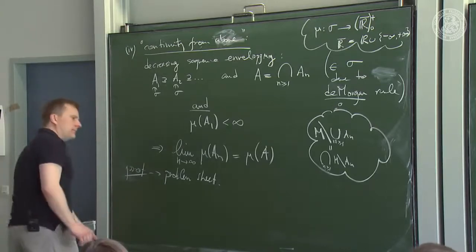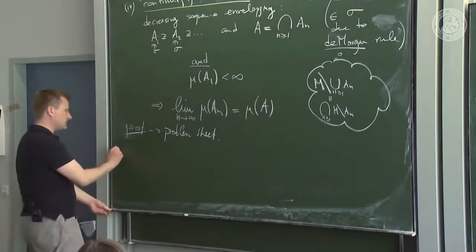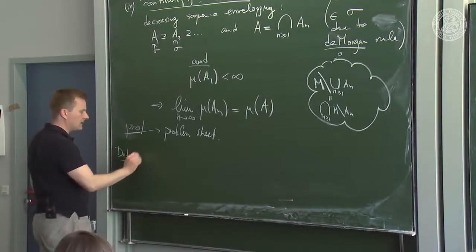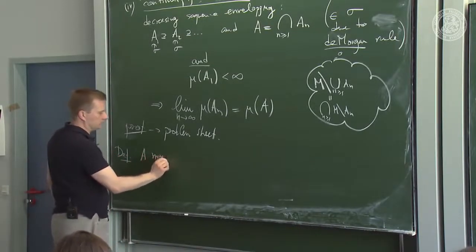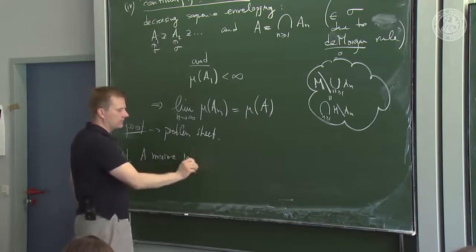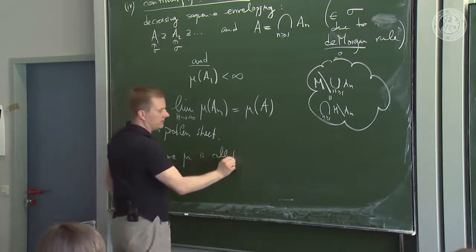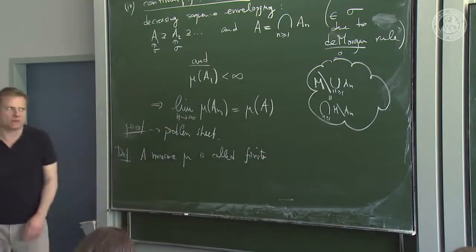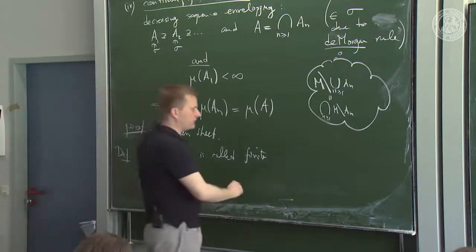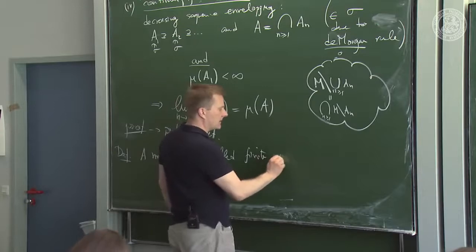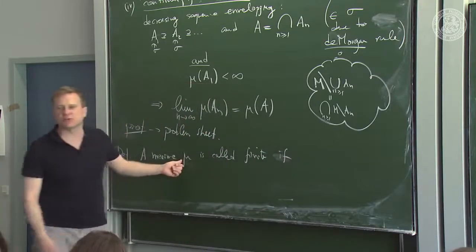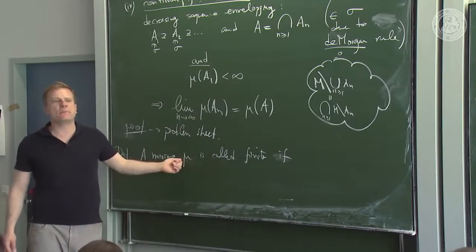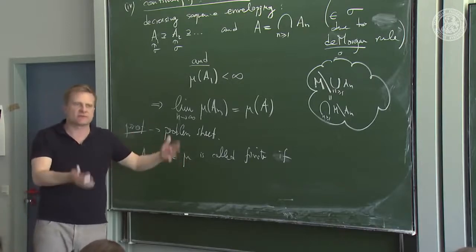So there's a final important definition of this section, so I squeeze it here. A measure mu is called finite. Well, some people call it sigma finite. If I talk about a measure, there's always an underlying measurable space, so I do not always write this down.